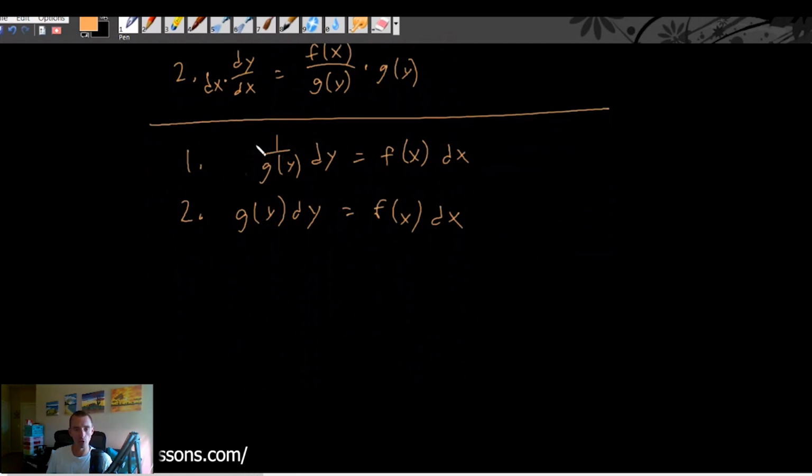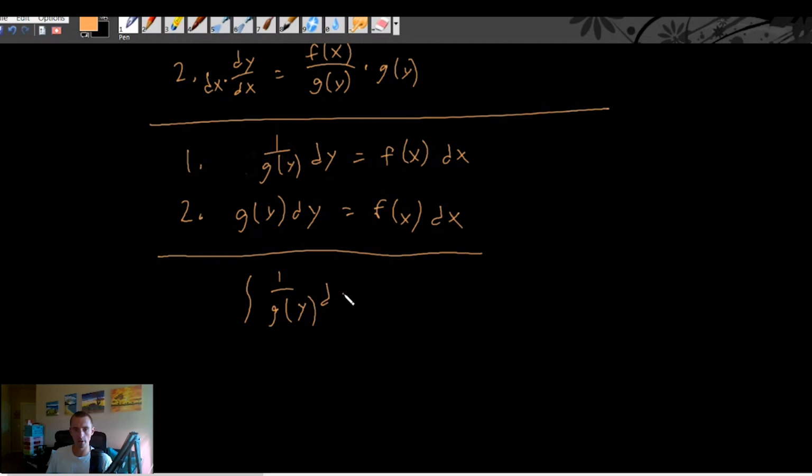So then from there, once we have separated out our variables, regardless of which of these two forms you have, the next step is going to be the same. We basically would just add an integral onto both sides of our equation, which means that we're going to be left with either the integral of 1 over g of y dy equals the integral of f of x dx.